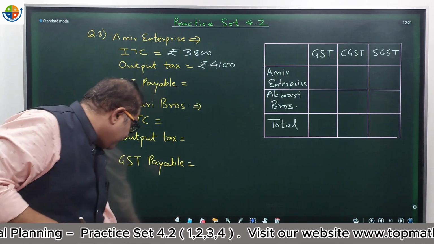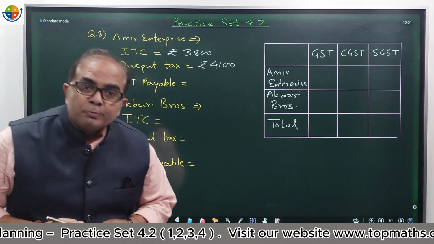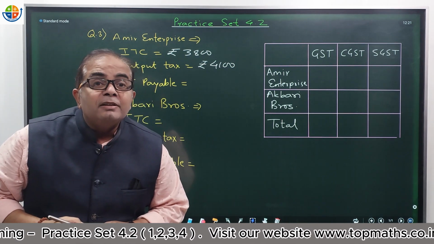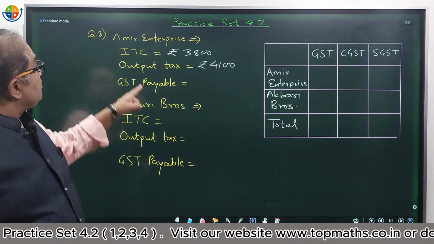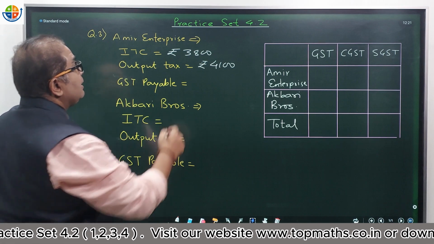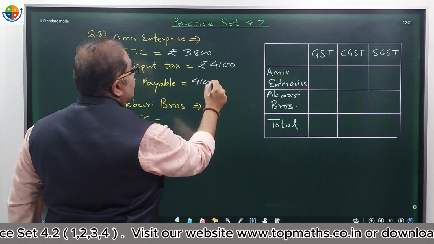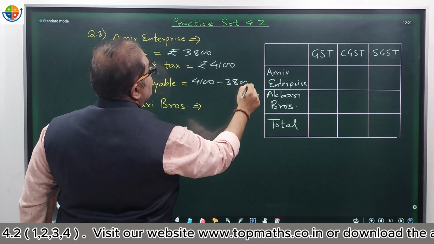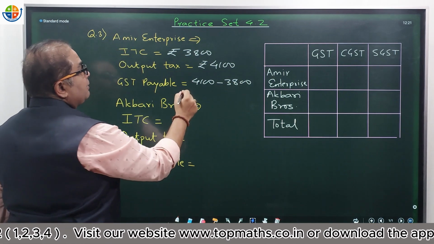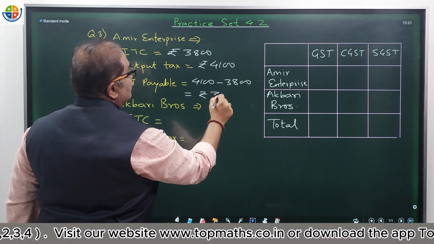कितना जीएसटी कलेक्ट किया? 4,100 रुपीज का. करेक्ट. सो दैट इज हिज आउटपुट टैक्स. व्हाट इज जीएसटी पेएबल बाय आमिर एंटरप्राइजेस? It is 4,100 output tax minus 3,800 input tax credit, so it is rupees 300.